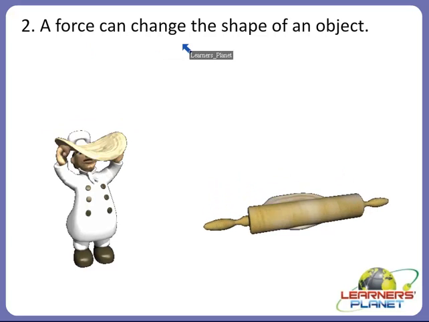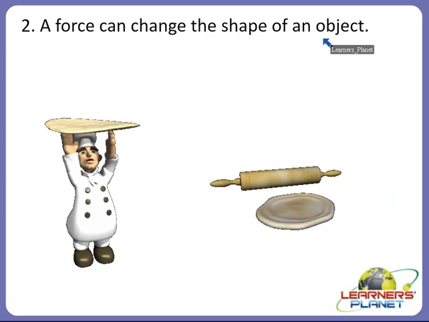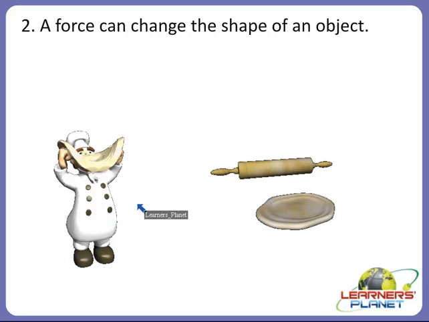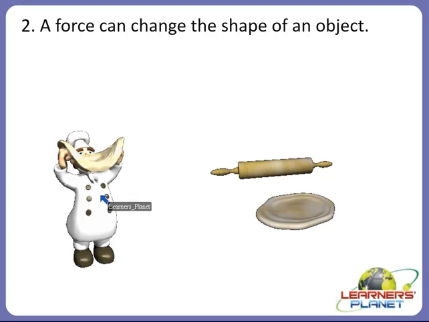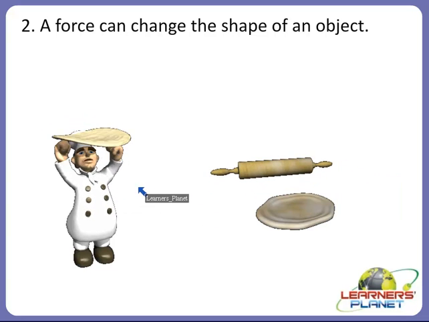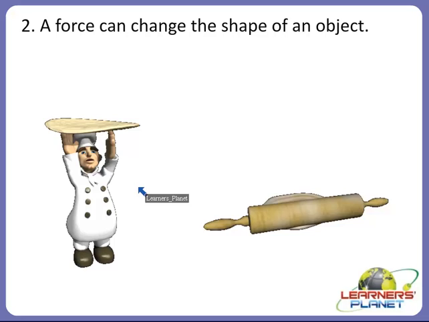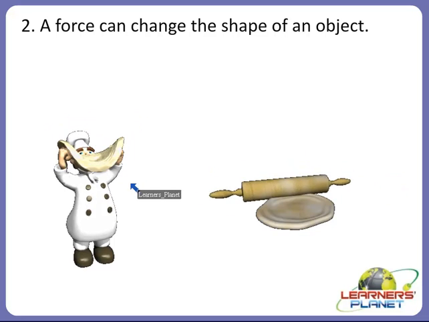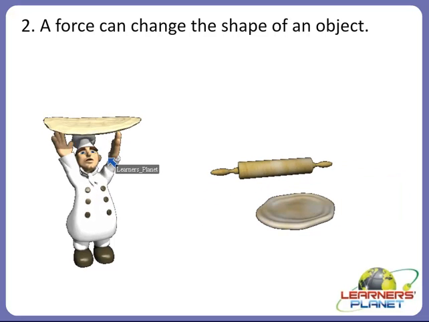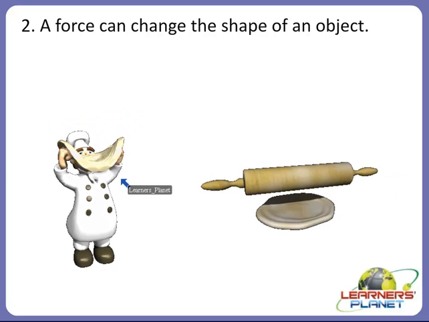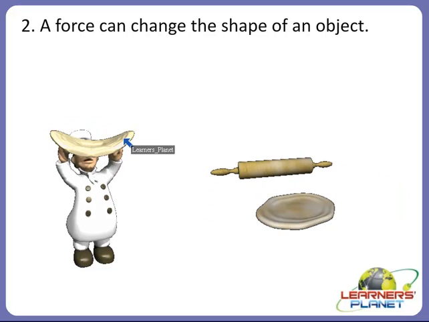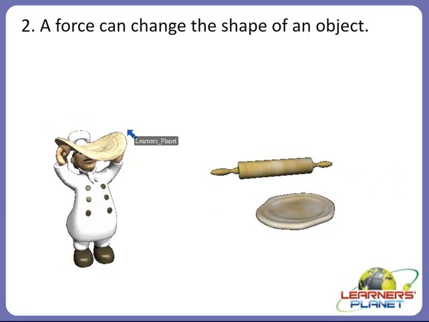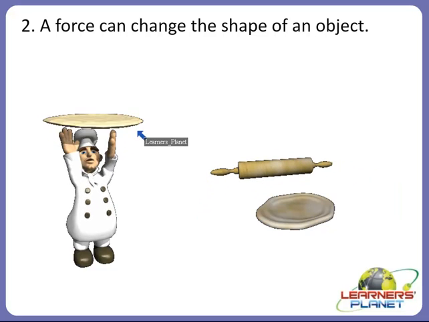Secondly, we can say that a force can also change the shape of an object. There is a very good example of one such dough that a chef is trying to make a chapati, right? And you can see here that because of his action, the shape of the dough or the shape of this roti, or the chapati, changes.